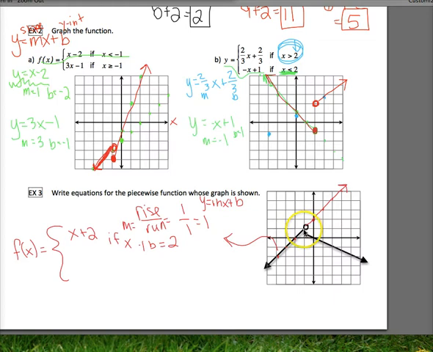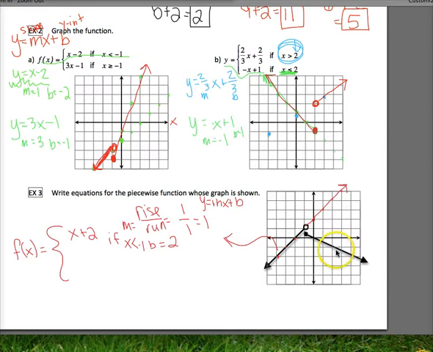Is this part x values less than or greater than? And what's in black is the less than. You know it's not an equal to because it is an open circle. So x plus 2 if x is less than -1. So now we need to look at the other piece.